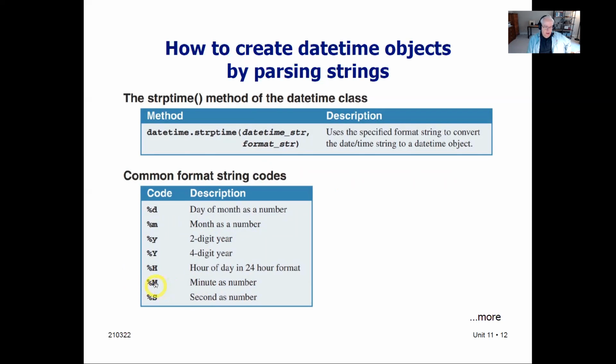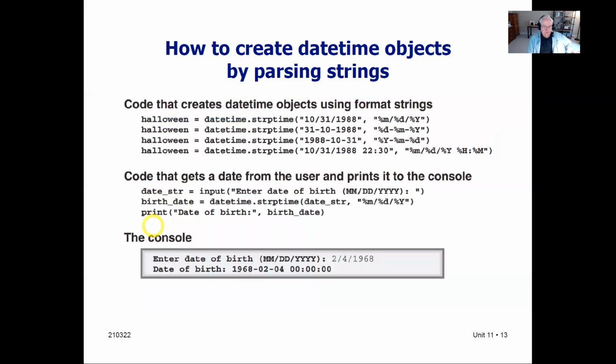That's crazy. So that one kind of drives me crazy because they changed the whole meaning for the letter M. But that's not always the case. Most of the time, the upper and lower case determines whether it's a short form or long form of whatever part of a datetime object you're talking about. And you'll see that as we go along.